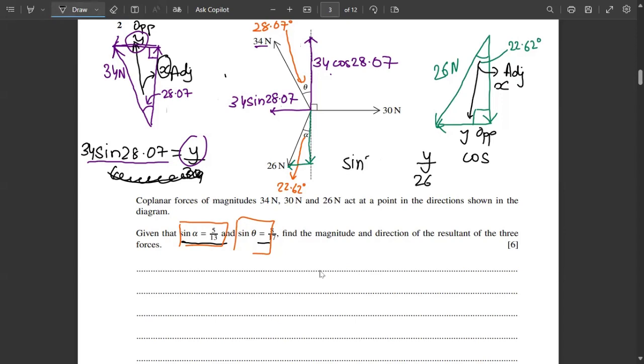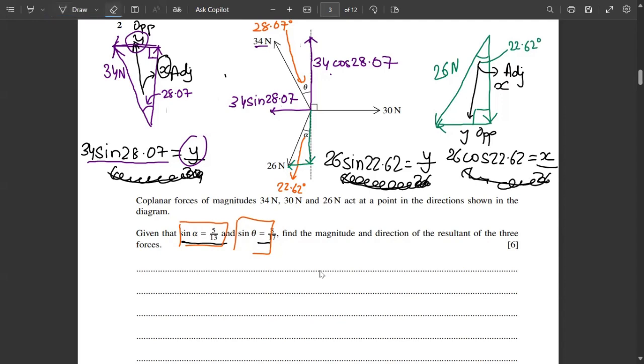Sine 22.62 is equal to y upon 26, and cos 22.62 is equal to x upon 26. So this 26 will go up, which will give us 26 sine 22.62, and this will go up, which will give us 26 cos 22.62.